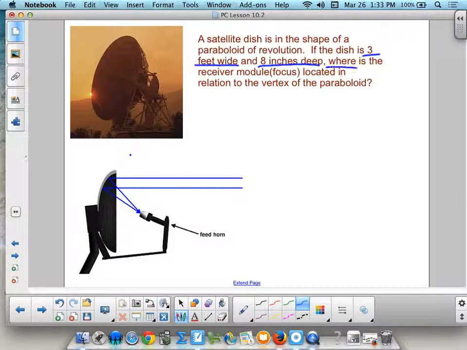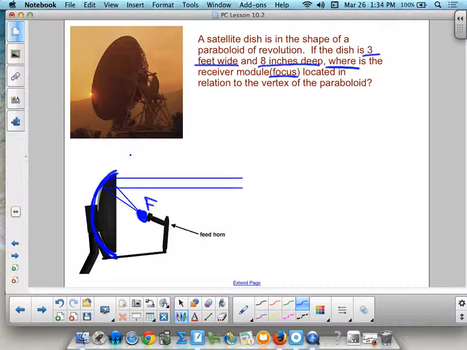This is the question: where is the receiver module, known as the focus, located in relation to the vertex of the parabola? There's your parabola, right? They're asking you, where's the receiver module, otherwise known as the focus.